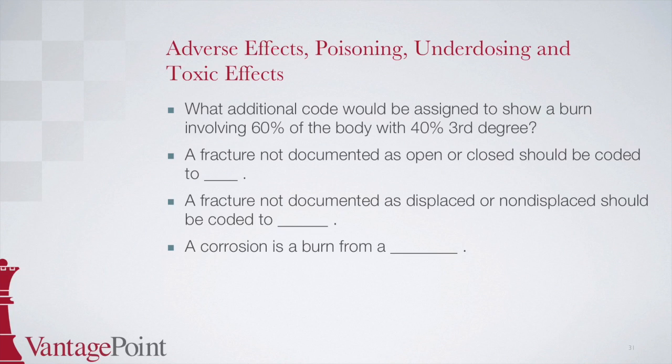Since 60% is affected, the range needed is 60 to 69%, and then indented below we need the range for the percentage of third degree burns. Since 40% is third degree burns, the range of 40 to 49% is appropriate. This points to T31.64, which you would then confirm in the tabular.